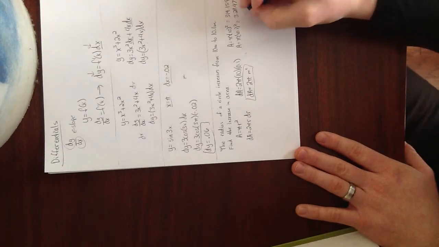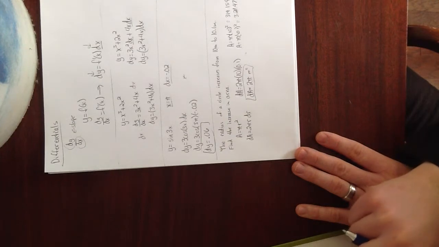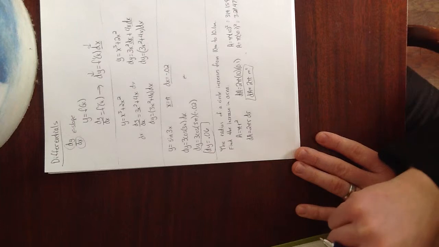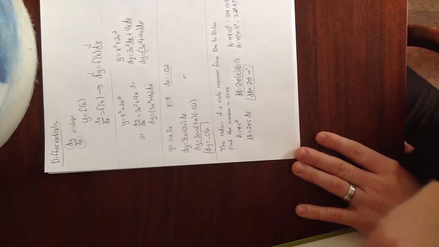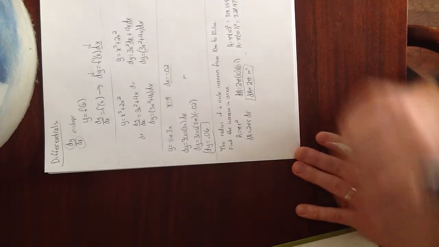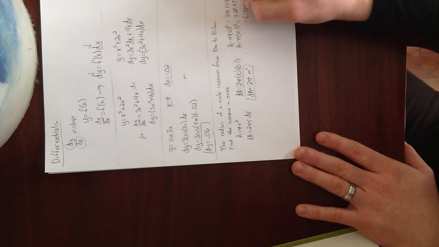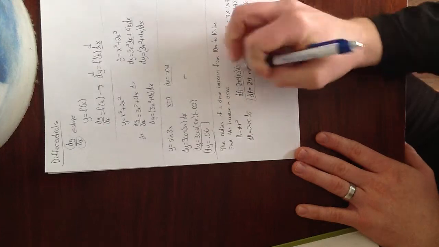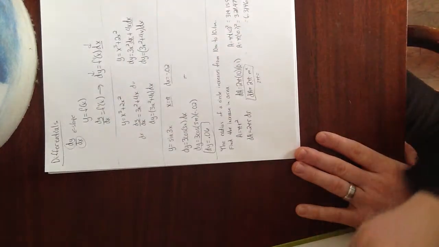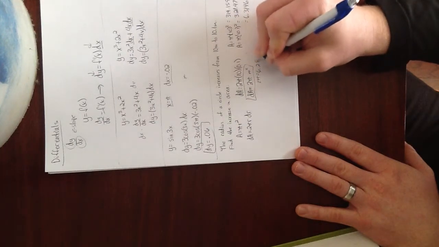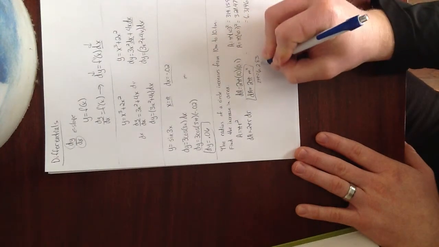So our actual change, if I subtract those, the change was 6.3146. We got 2 pi, and 2 pi is 6.283, so we're pretty close.